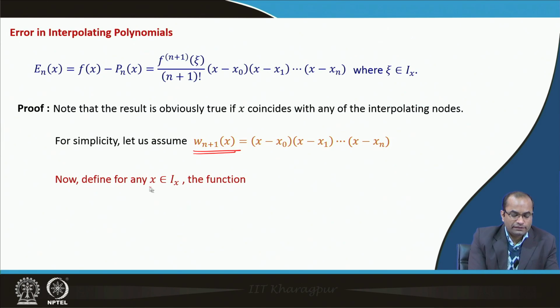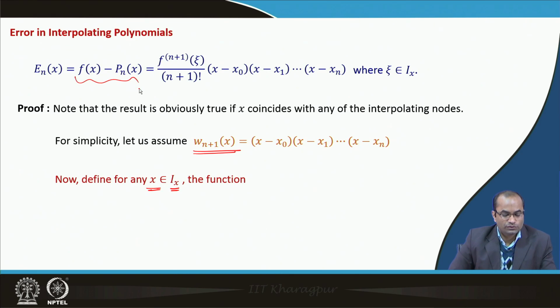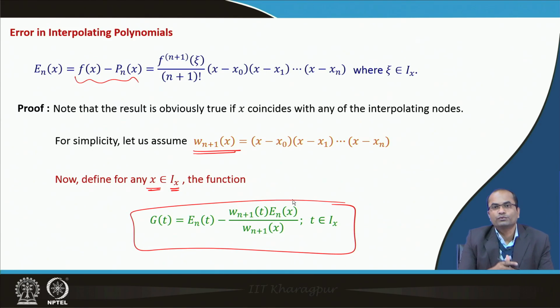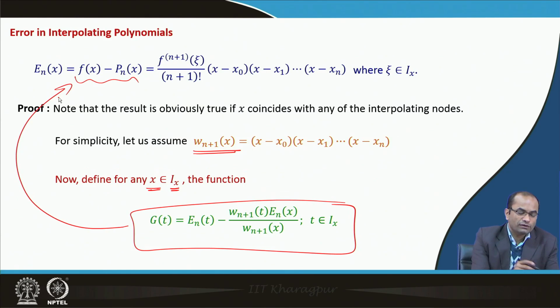And now, we define that for any x we take in the domain of this function, where we want to calculate this difference between the two, we define this function, and this function will help us to prove exactly this formula for the error, which is the aim of this lecture now.